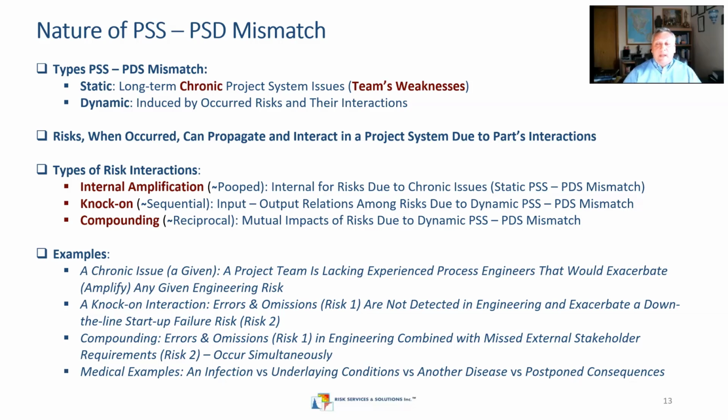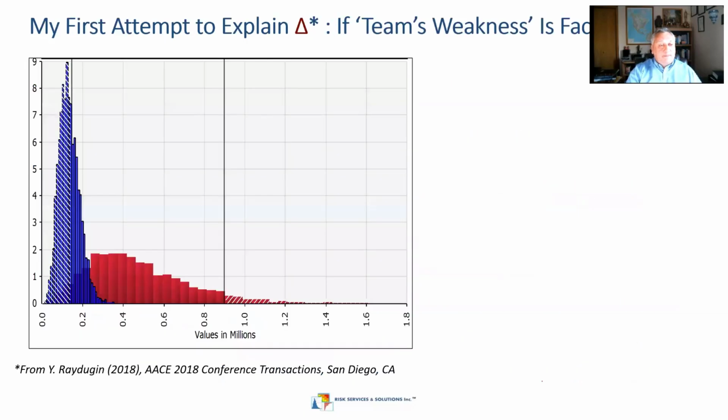It's not a very funny example, but it's our life now. But you can think about what might be static or dynamic PDS, PSS mismatch in this situation, but I won't go there.